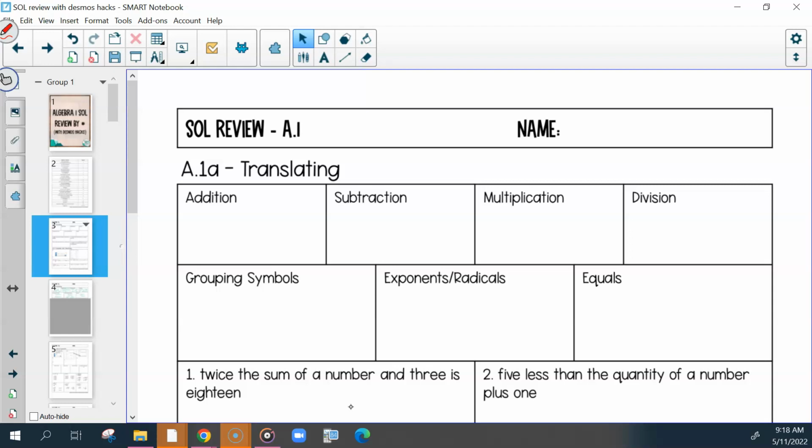And then we'll move on to the next objective. And we'll just keep doing that until we finish this packet. We're not going to finish this packet today, but next class we'll be working more on this also.